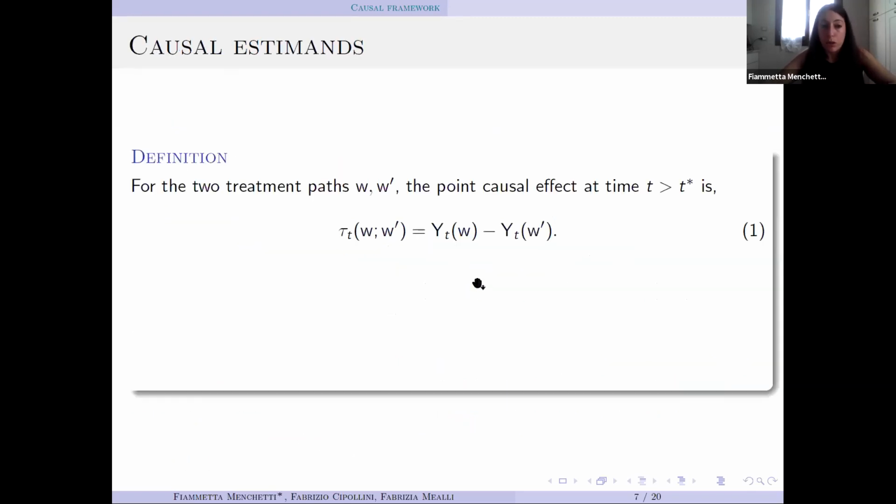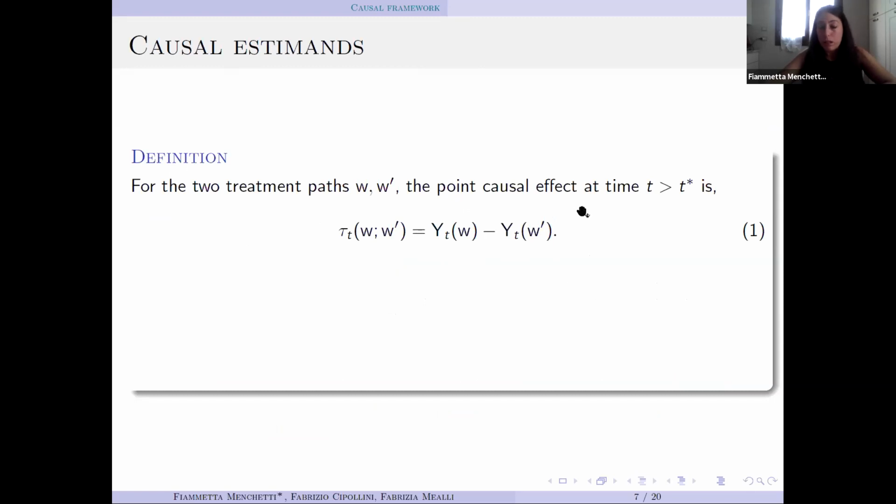Under these assumptions, we can define the causal estimates of interest. We can start from the point causal effect, tau_t, which is defined as a simple contrast between two outcomes: the outcome under treatment assignment w and the other potential outcome under the alternative treatment assignment w'.